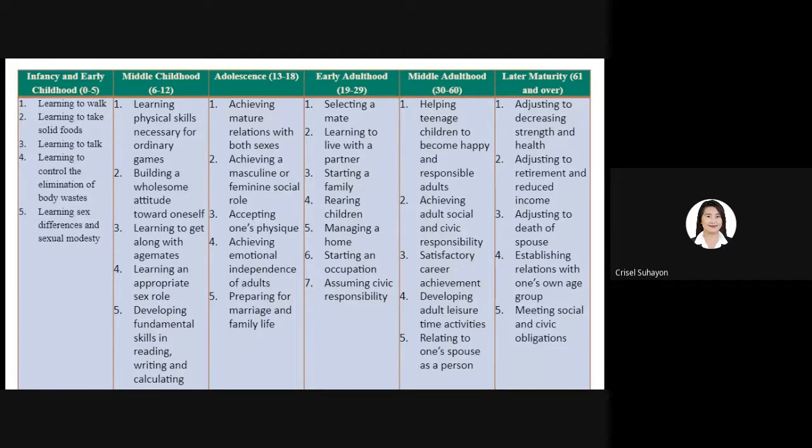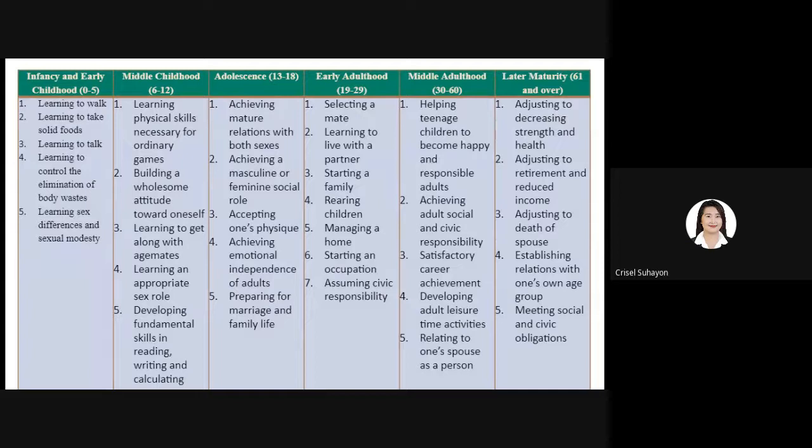Okay? Then adjusting to death of spouse. This is unavoidable, whether we like it or not, we reach the point where we have to say goodbye to our partner, whoever goes first. This age is vulnerable, with many illnesses.